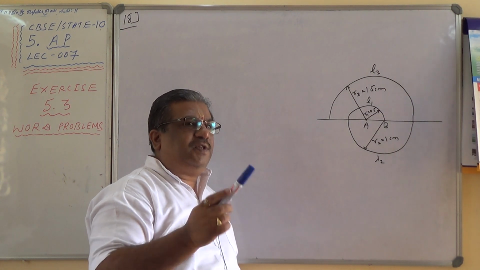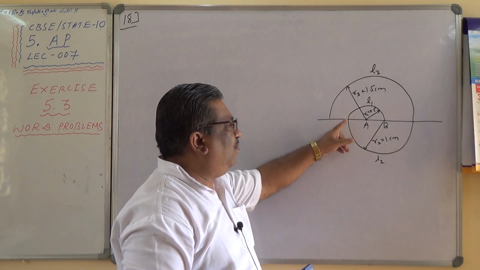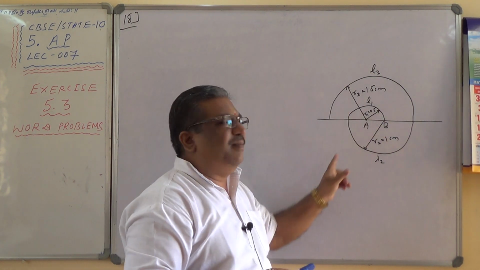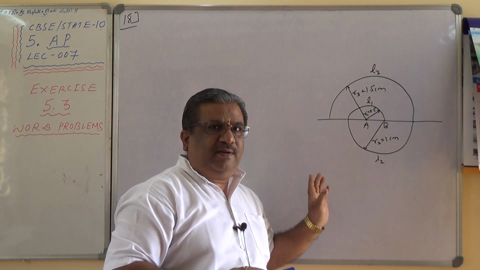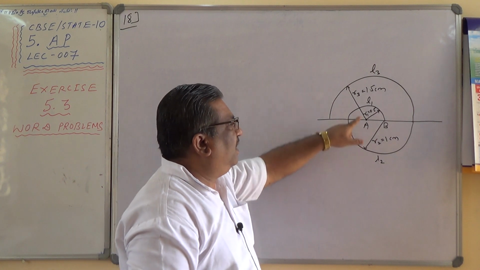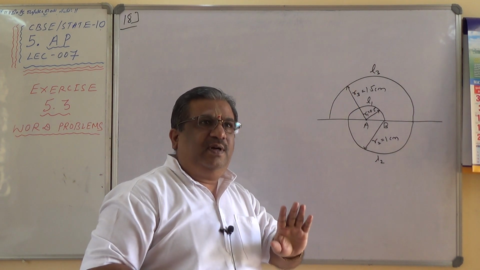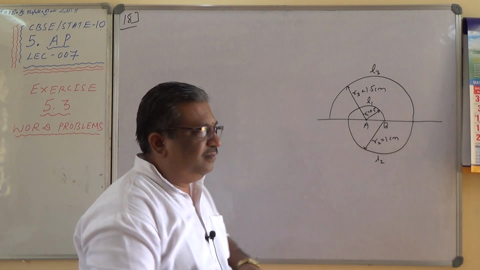The total length of the spiral is the sum of the lengths of each semicircle. Is it right? So let us find out L1, L2, L3 and check whether this forms an AP or not.